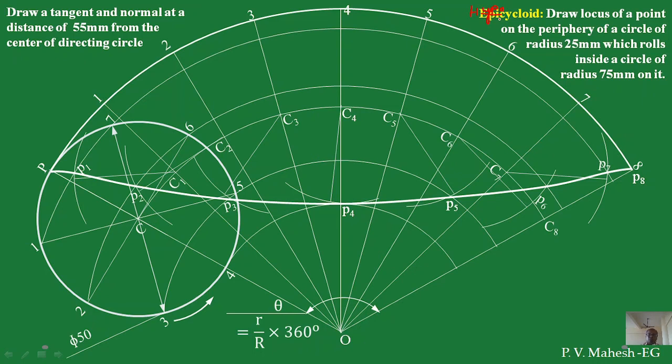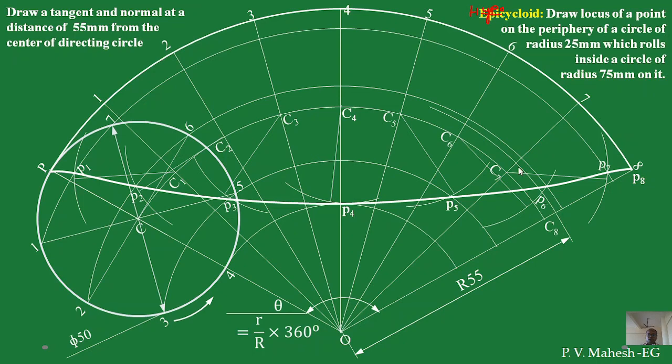Now what I have to do? I have to draw the tangent and normal at a distance of 55 mm. So this is at a distance of radius 55 mm. From here, with this radius and O as center, O is the center and 55 is the radius, I am drawing an arc.